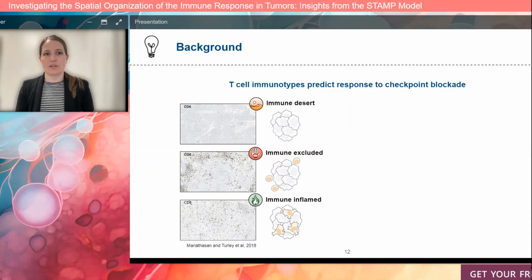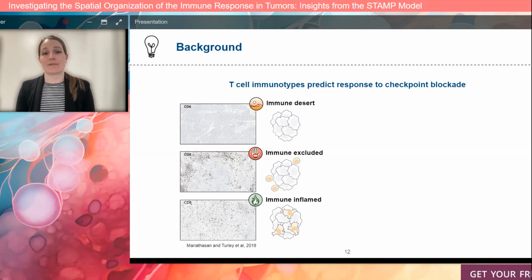In the immune-excluded tumors shown next, there are abundant CD8 T cells, but they're confined into the stromal bands of the tumor at the periphery and excluded from the actual tumor parenchyma or core itself. And in contrast to these first 2 immune-cold immunotypes, the immune-inflamed or hot tumors have abundant T cells and also robust T cell infiltration throughout the tumor parenchyma.